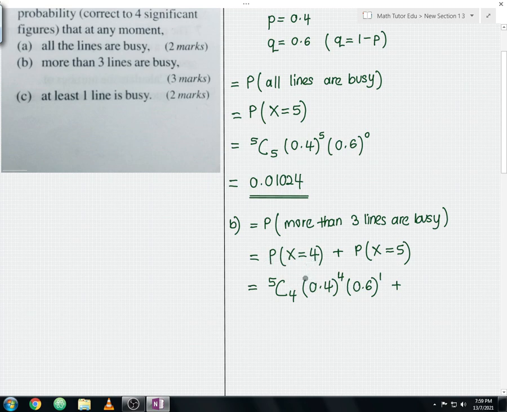Let us proceed to our calculation where the probability X equals 5. For X equals 5, you have already calculated in question part A itself, so it will be slightly easier for us. However, we just write down the working here just in case.